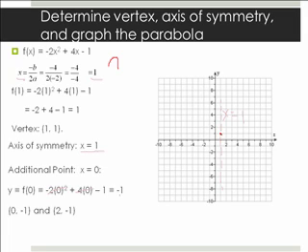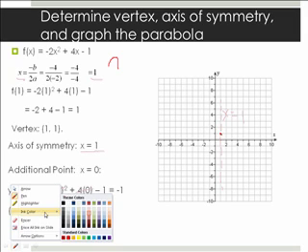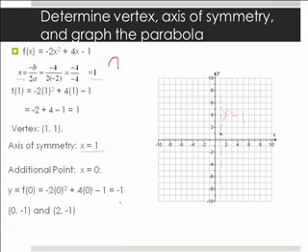We're left with -1. So we get a point at 0, -1. Right here. And then by using symmetry, you can get this additional point at 2, -1.